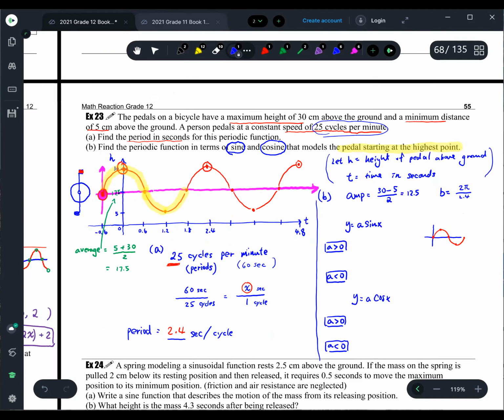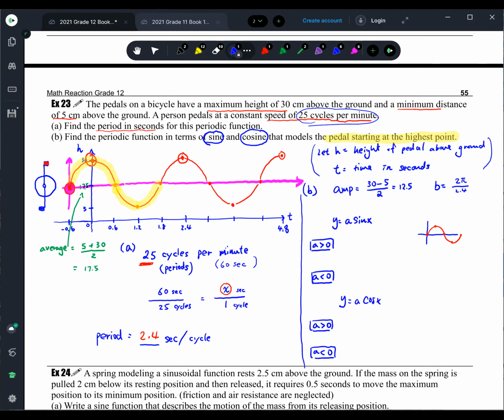So that's our CD. And we can write our equation now. But remember, do not write y, we have h instead. So h equals A is 12.5, because no reflection, just keep it positive.